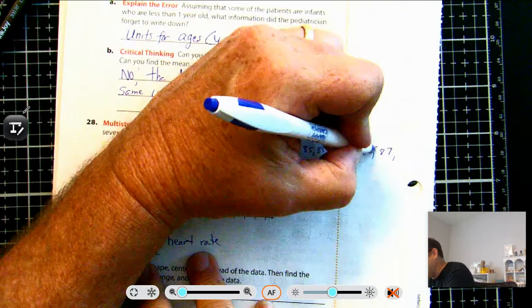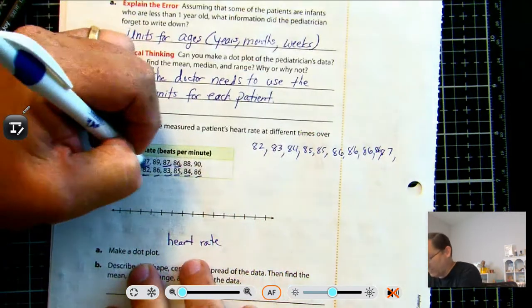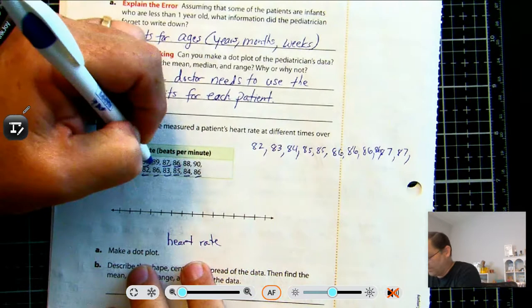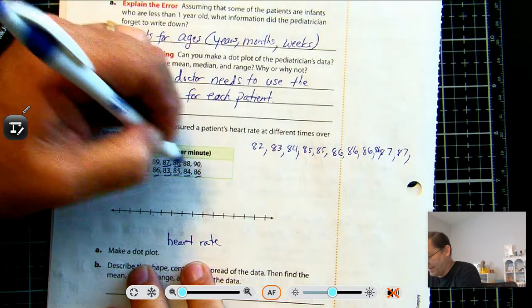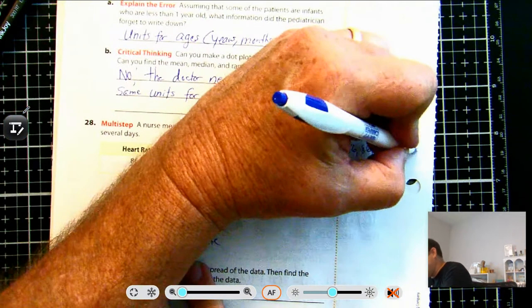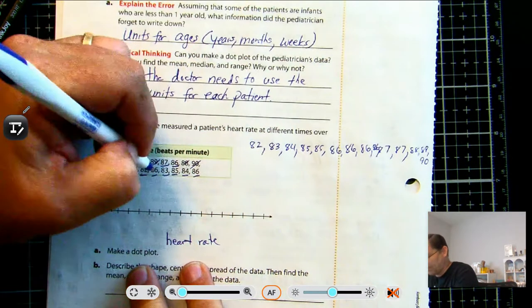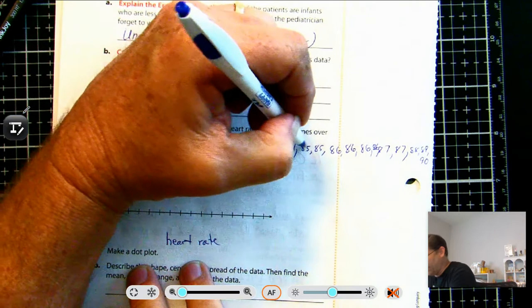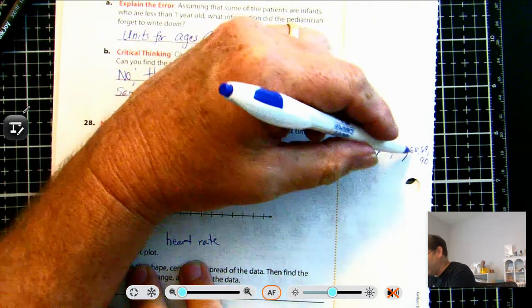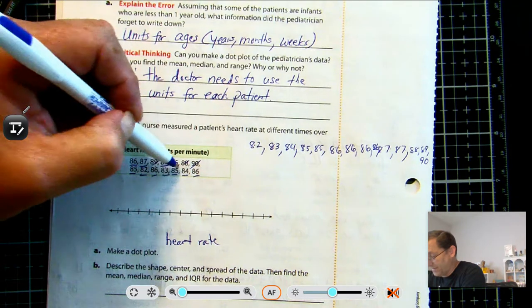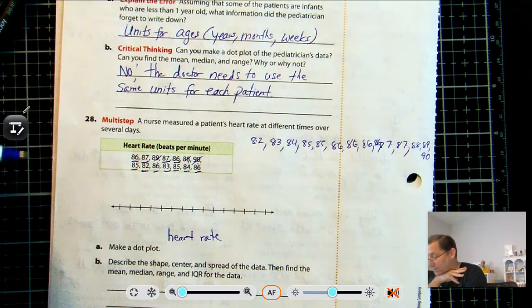Actually, there was 4 days of 86, 87, 2 days, 88, 89, 90. So 1, 2, 3, 4, 5, 6, 7, 8, 9, 10, 11, 12, 13, 14 days. 2, 4, 6, 8, 10, 12, 14. All right.